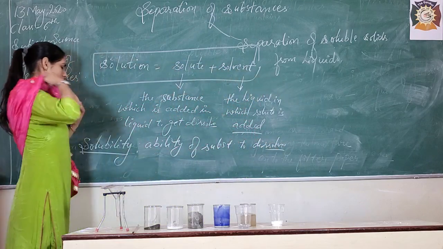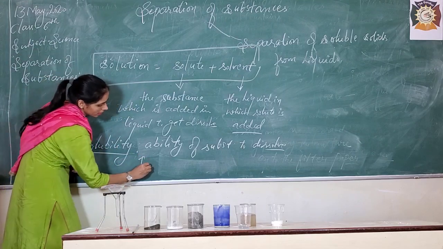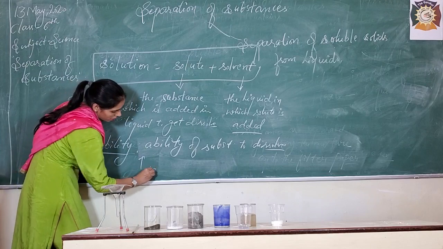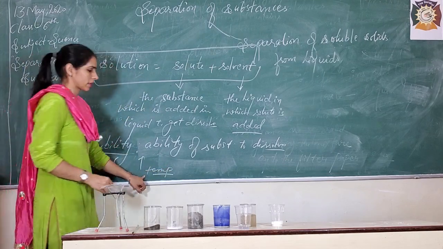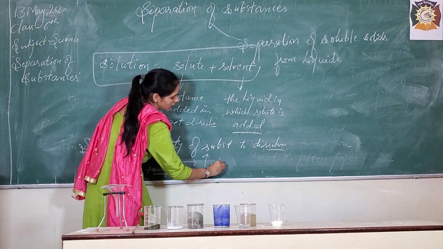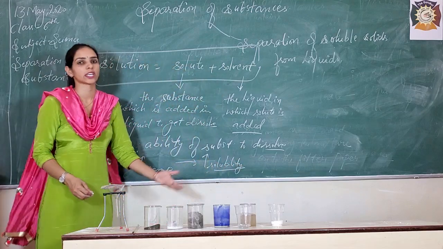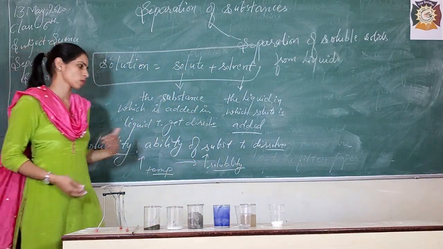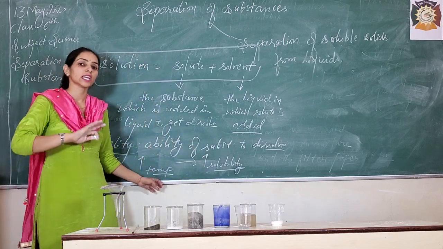And I am telling you that with the increase in temperature, solubility increases. Solubility increases means the ability to get dissolved increases. So more sugar can be added when the temperature has been increased.